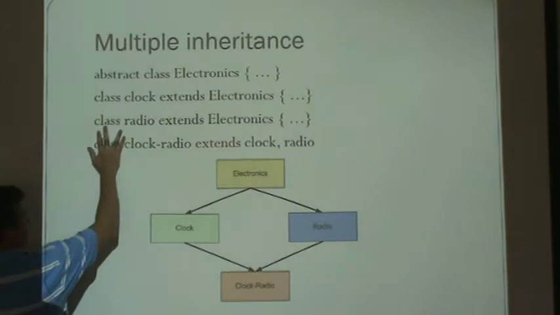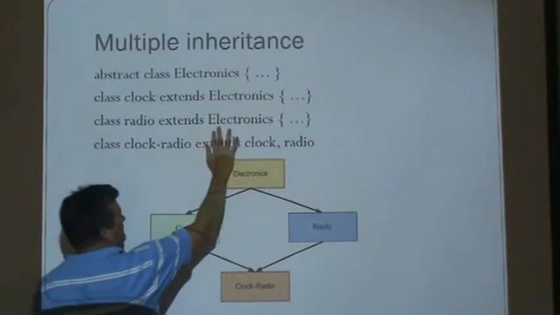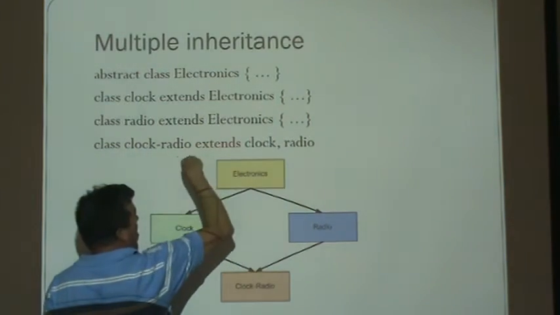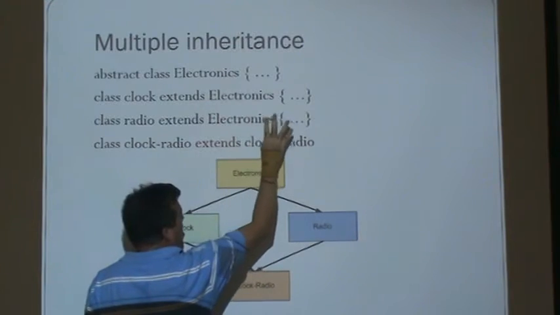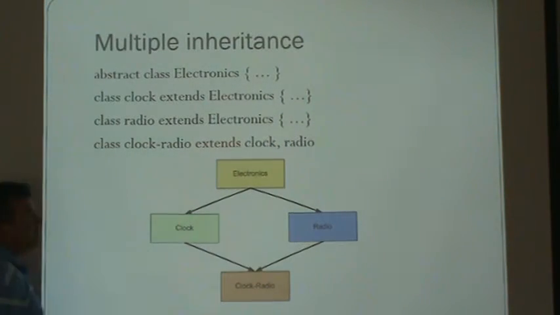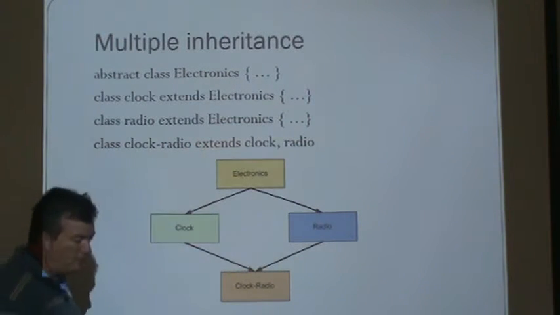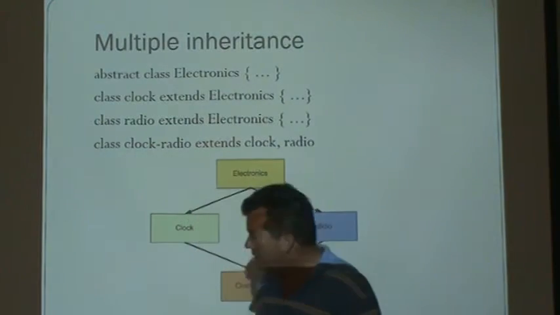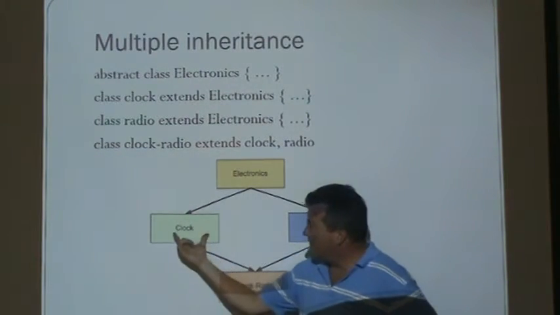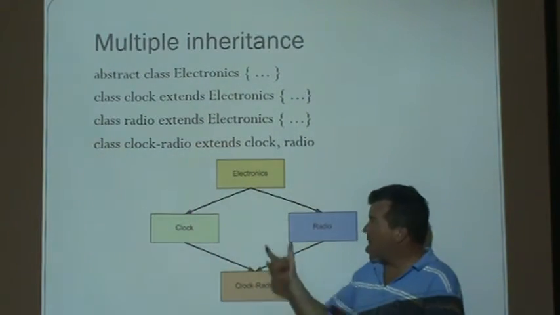Then we can make a different class called radios, which also extends electronics. So we inherit everything from electronics, and then we add more stuff that is just for radios. So what if we found ourselves in a situation where, now remember, when you're doing inheritance, a clock is a specific type of electronics.